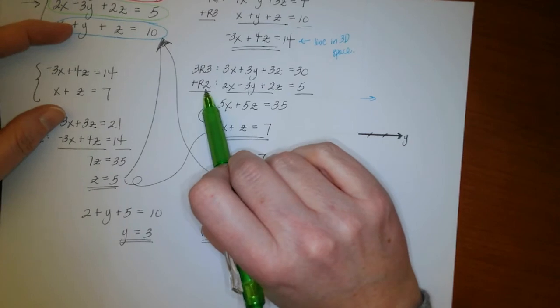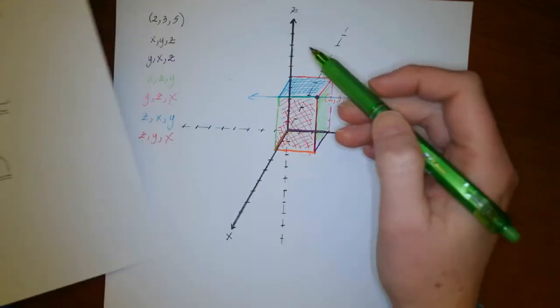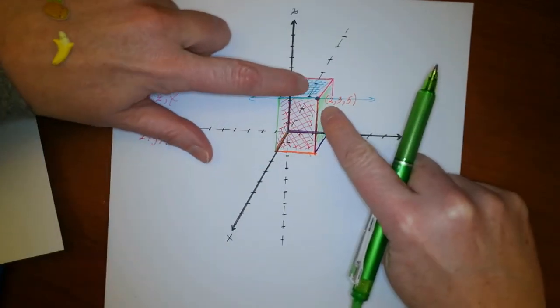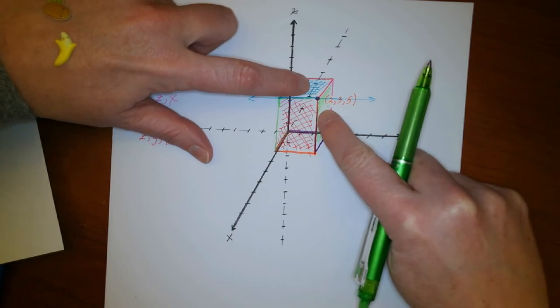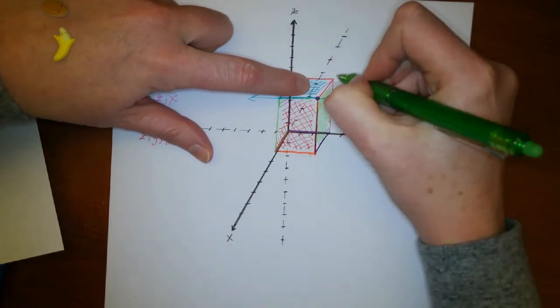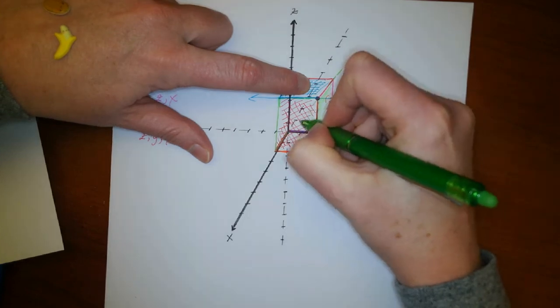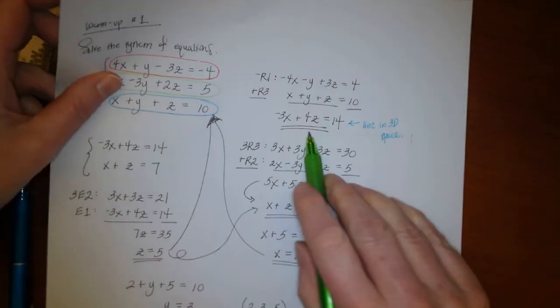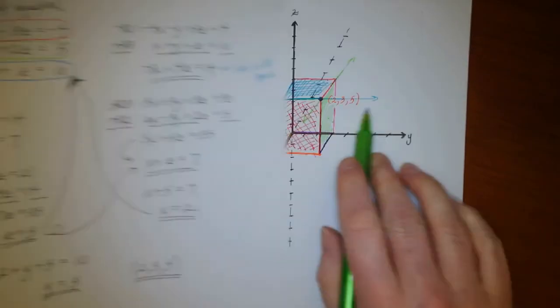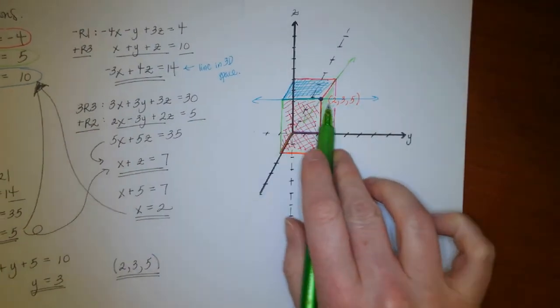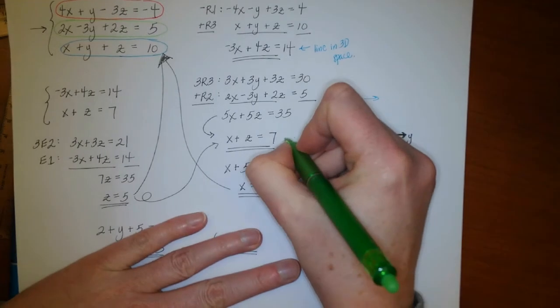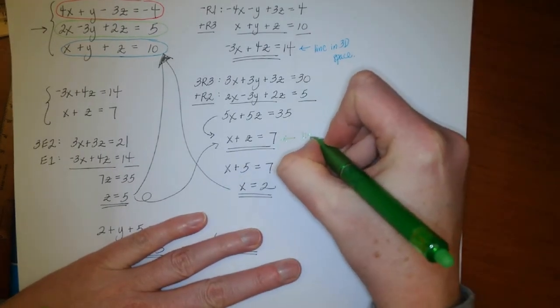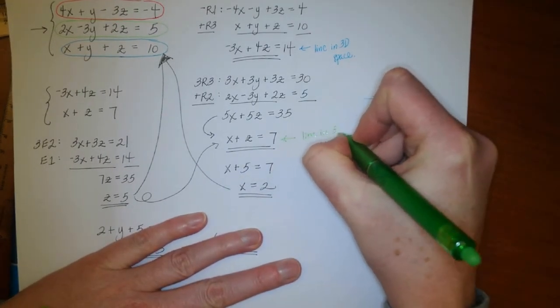So that would have been the intersection between the green and the blue here, this line right here. And so when we found this back here, that was maybe this line in 3D space. And then when we found this, that was another line in 3D space.